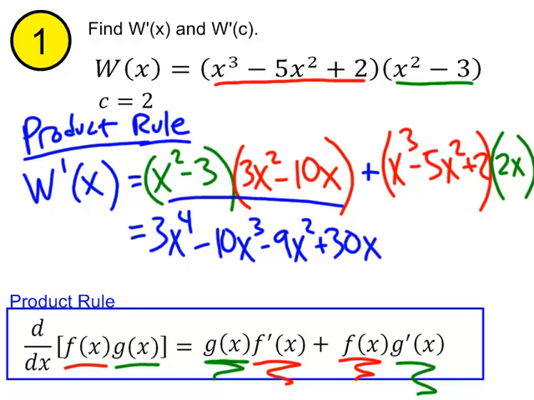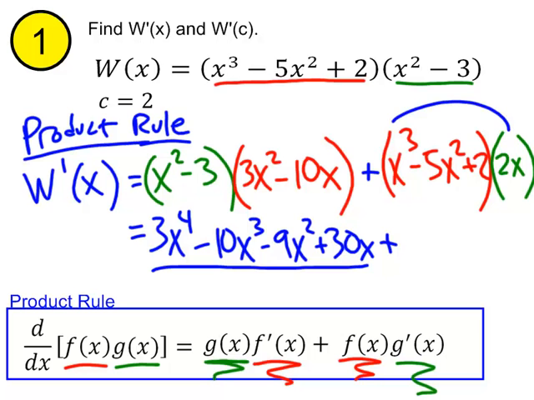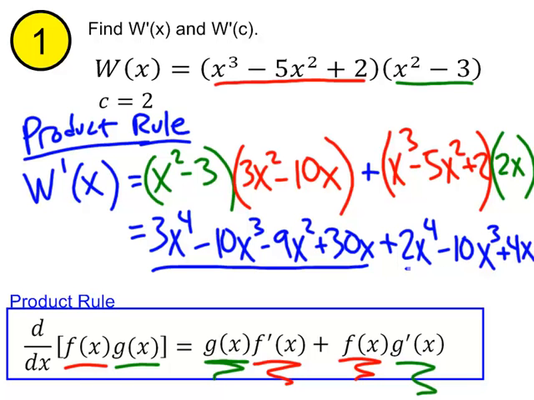And that was our first product there. Plus, let's distribute that second one too. Just distribute the 2x to those three terms, and I will get 2x to the fourth minus 10x cubed plus 4x. Okay?